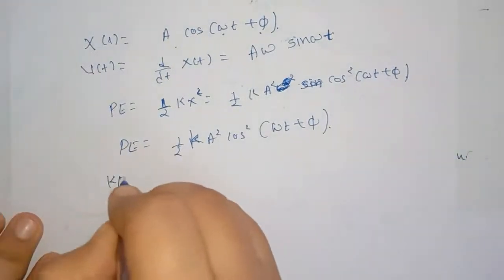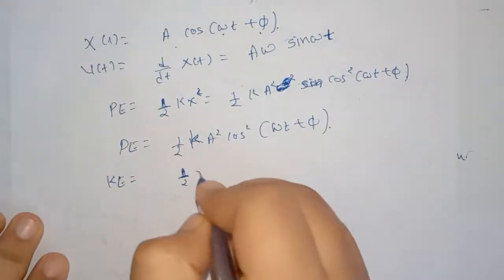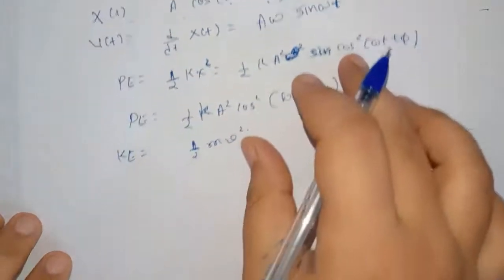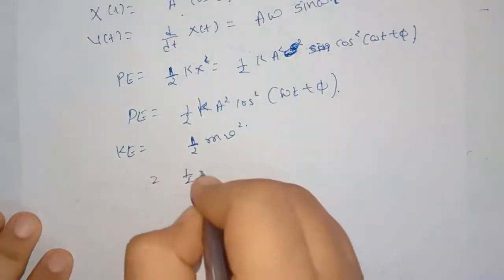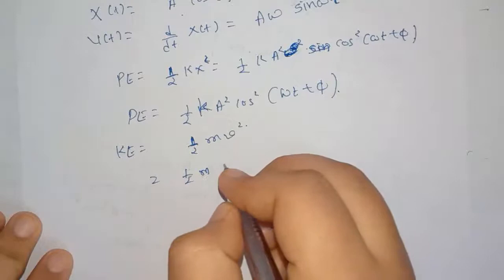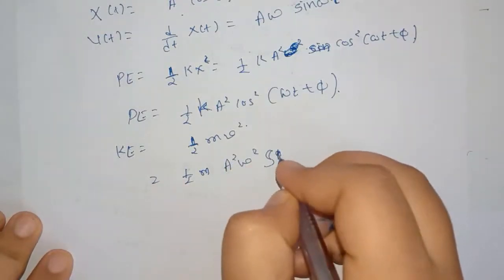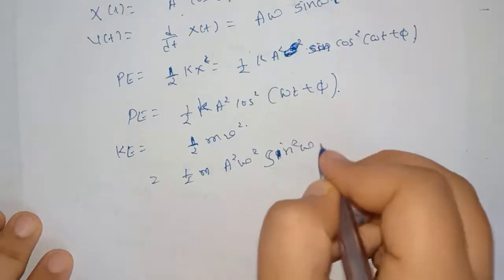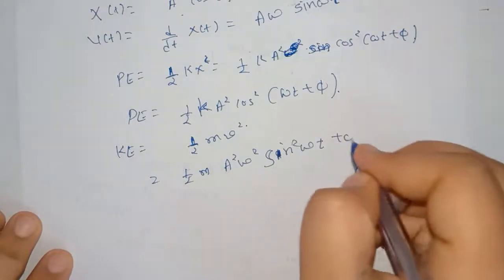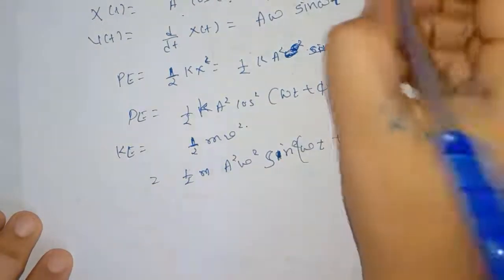The kinetic energy is half mv square, that will be half m a square omega square sine square omega t plus phi.